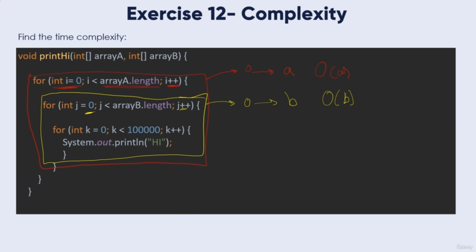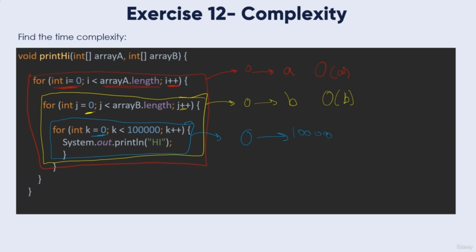Okay? And we have here another loop called K. This is the loop K. It starts from k equal to 0 to k less than 100,000.